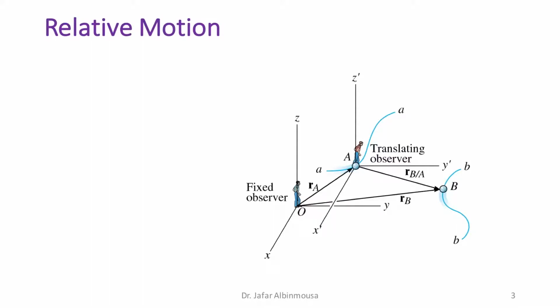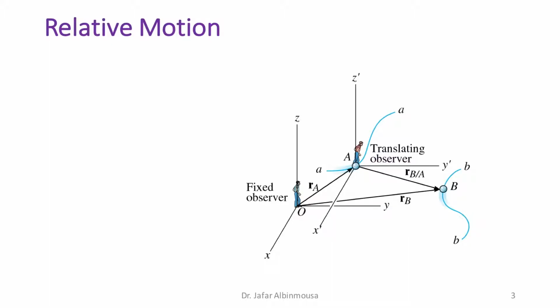Now let's set up the first kinematic relation, which is for position. And if we consider this example, we have a fixed observer. So at point O, this is an observer, but this observer is fixed. So the observer at point O, the origin, can have a measure of the translation of object A, which is this person, or this particle B. And any measurement made by observer O has to be absolute.